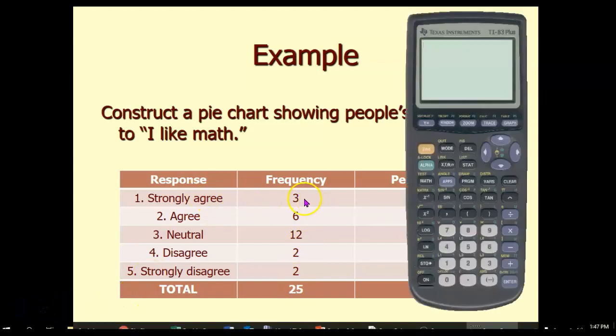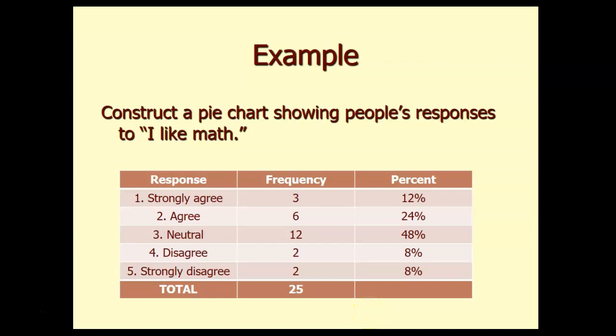So for example, for that first one, a frequency of 3 is 12%. So there I've filled in the percents for all the categories. Now we've got our percentages. We're ready to start drawing the pie graph.